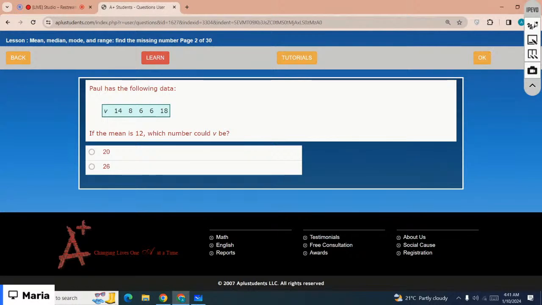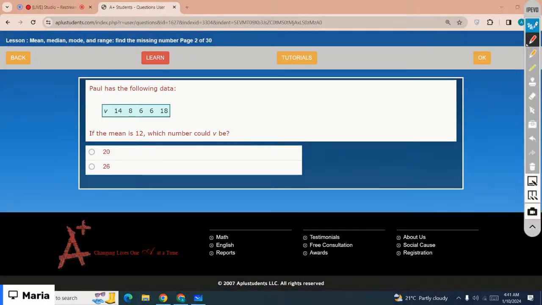Let's suppose V is 20. Just replace the V with 20 and calculate the mean. For the mean, you need to add all the values and divide by the number of values. They are 1, 2, 3, 4, 5, 6 in number, so divide by 6.